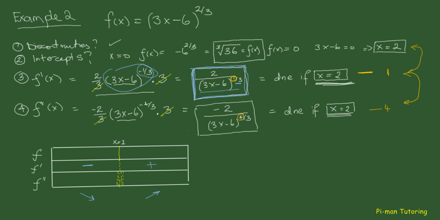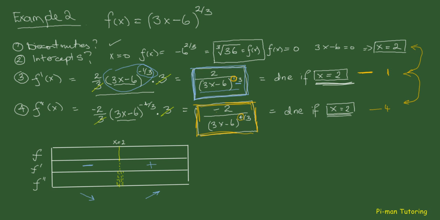Now let's look at the second derivative. Just change the color here. Let's go with orange. So this is my second derivative expression. If x is below 2, what happens? Well, 3x minus 6 would be a negative number, but it's raised to the power of 4, so that turns it into a positive number.